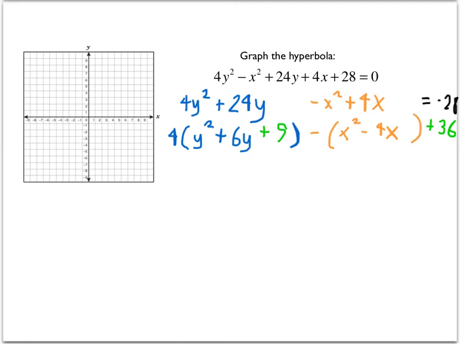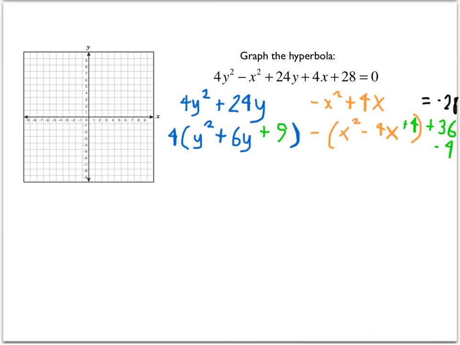So if I complete the square here, what's actually going to go in there is a plus 4, I think, right? Half of negative 4 is negative 2, and square that, I get plus 4, like that. So it looks like I'm adding 4, but again, because I have the parentheses here and that negative sign there, in a sense I'm really subtracting 4. So then I better subtract 4 from this side too.